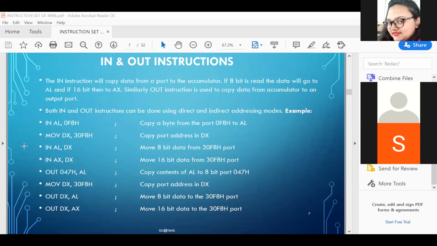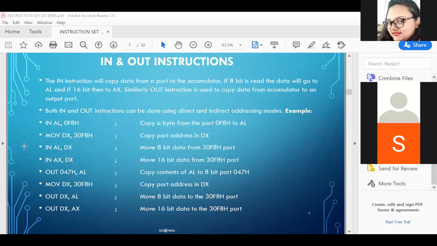But BX has a certain extra operation: the BX register can be used to store the offset address. That's why it is called the offset register. Now the DX register is also used for a second function, as a port address, to hold the port address.